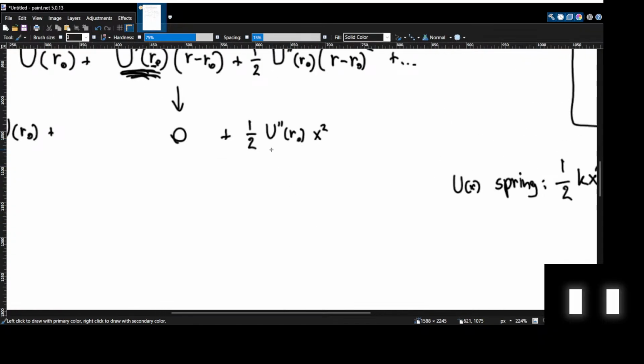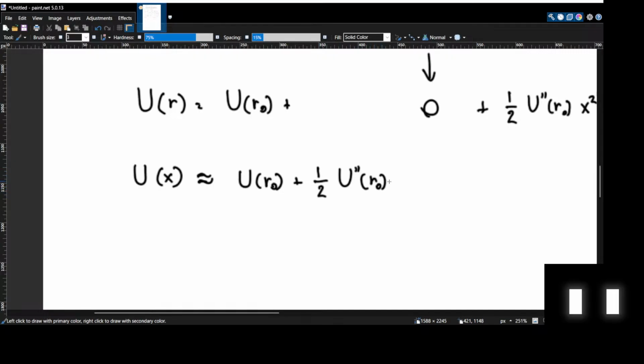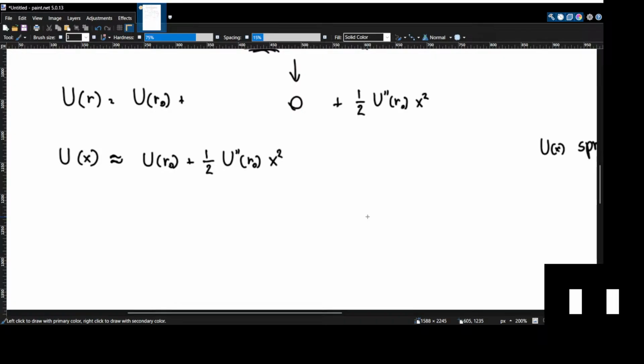Wait, hold on, before that, let's write it out: the potential energy at point x, that is the displacement x away from the point of equilibrium, is approximately equal to some constant, which is the potential energy at the point of equilibrium itself, plus 1/2 U double prime R times the displacement away from the equilibrium squared, which looks exactly the same as a spring.